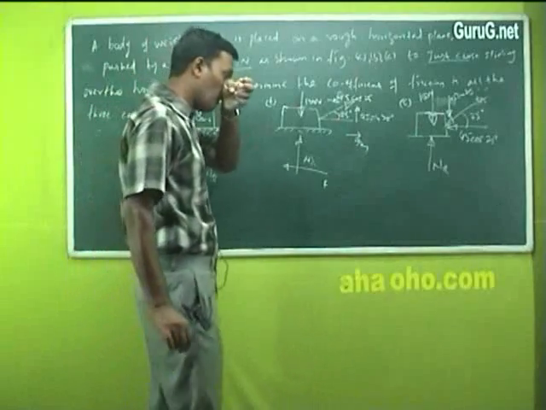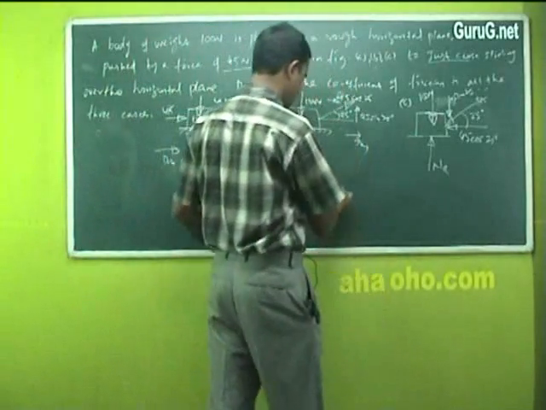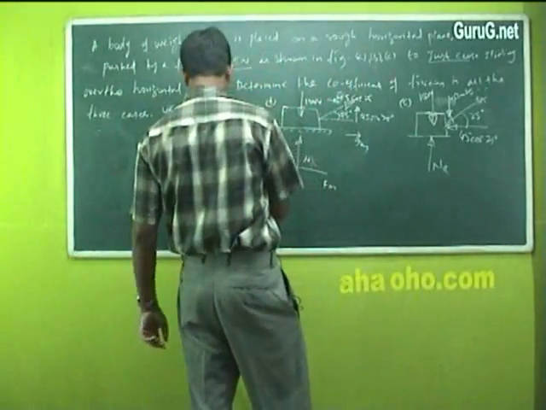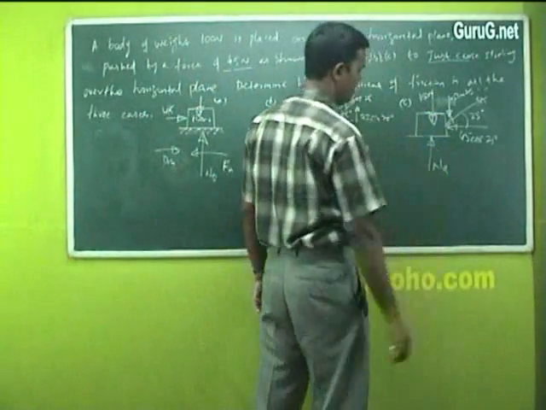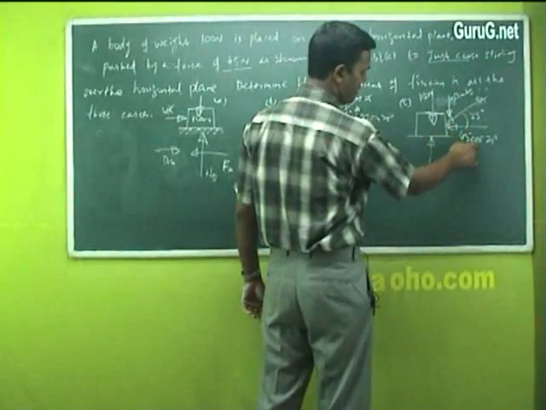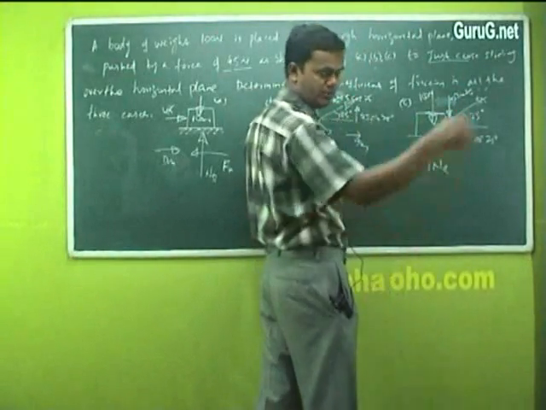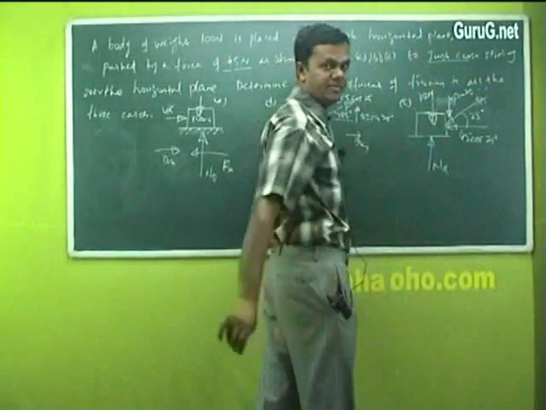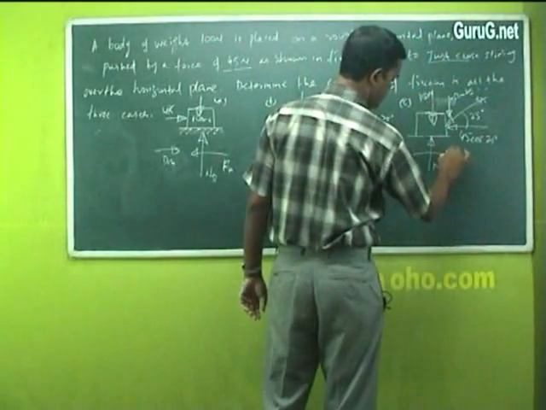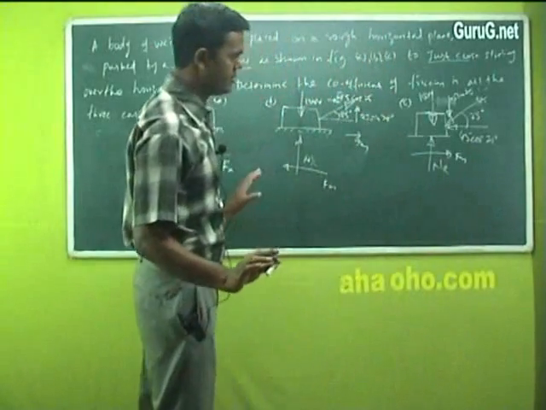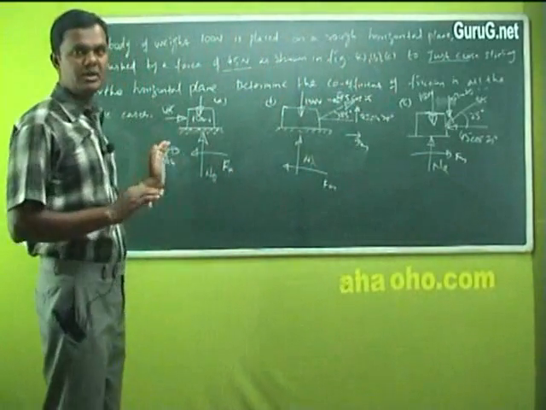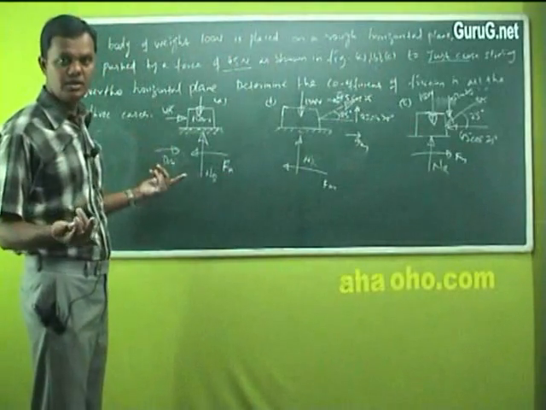Frictional resistance I can write as Fm or F. And here, 45 cos 25 is acting towards the left hand side, which will pull the body towards the left, so my frictional resistance will be towards the right hand side. That's it.